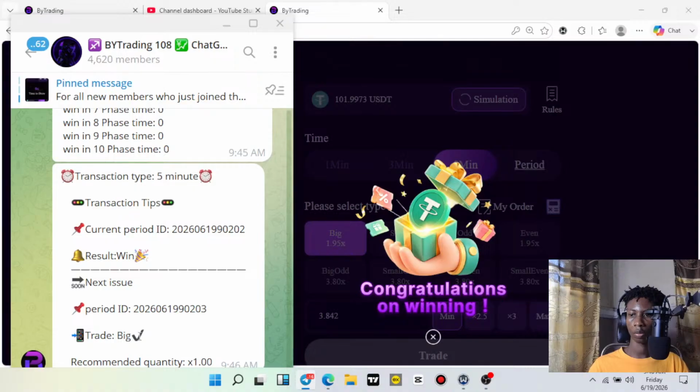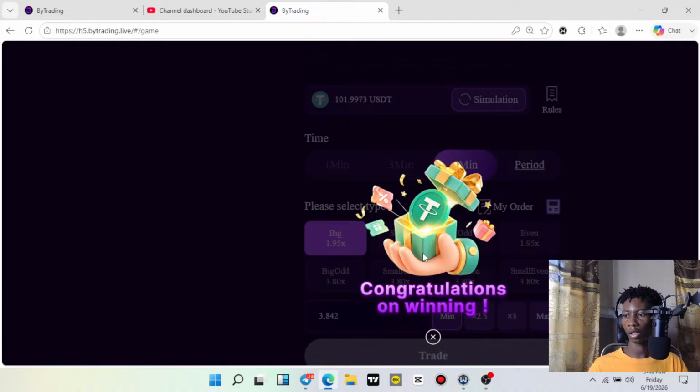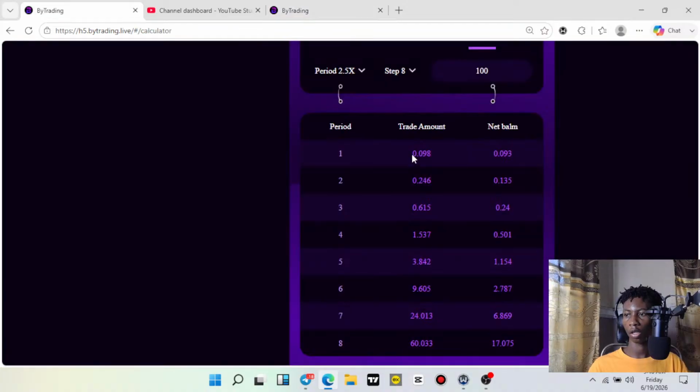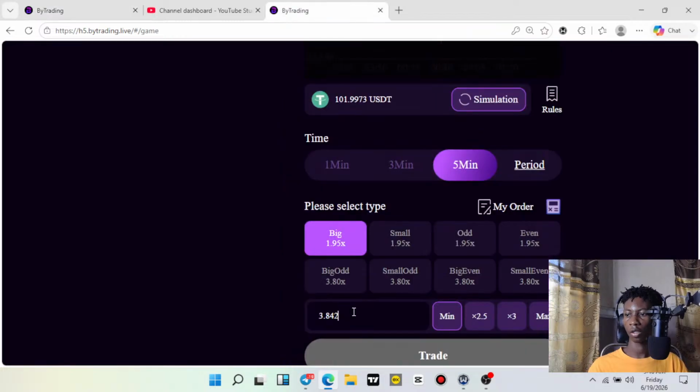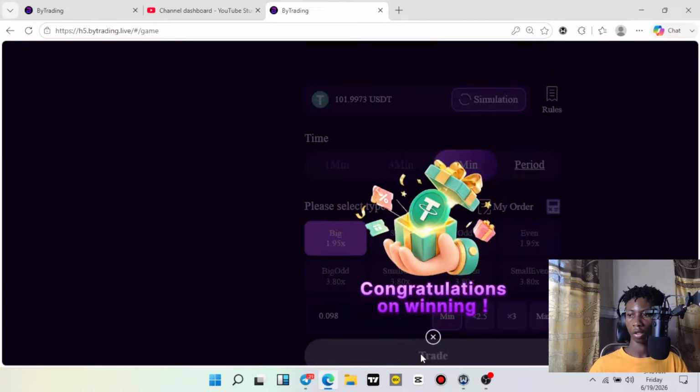Let's wait for them. So this time around, they told us to go with big. So I just have to come right here, select big, and go back to the phrase 1, which is actually this amount, paste it right here on this section, and then click on the trade.